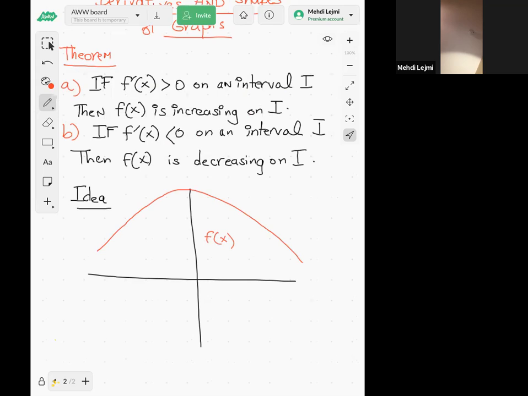On this first interval, if you take the tangent lines, the slopes are actually positive. So that's why the function f of x is increasing.